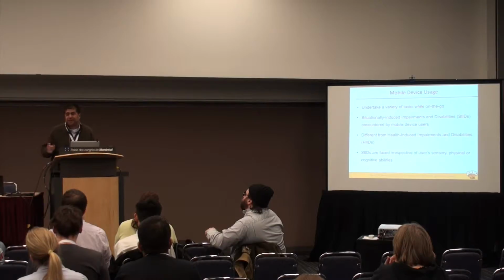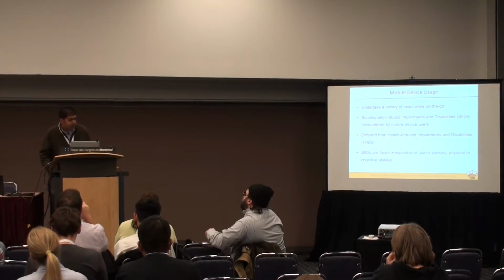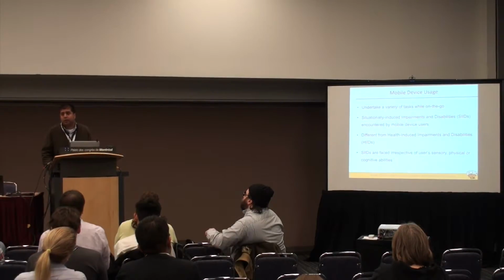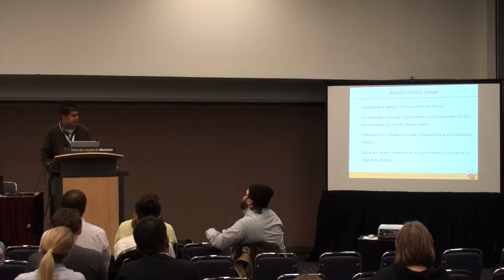So there are a few issues that can happen as a result of a situational impairment. Situational impairments differ a little from what we call health-induced impairments, as generally situational impairments can happen to anyone irrespective of their sensory, physical, or motor abilities.